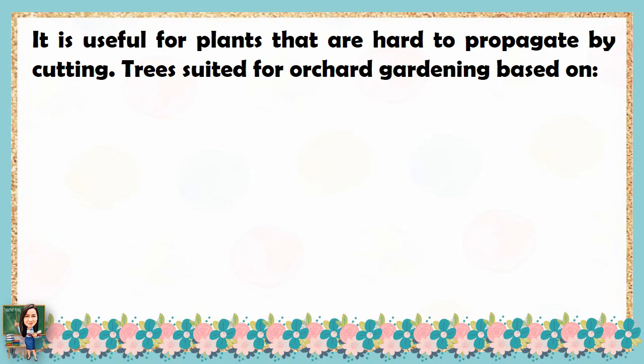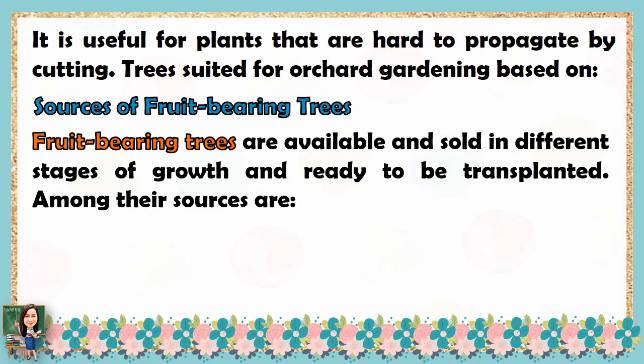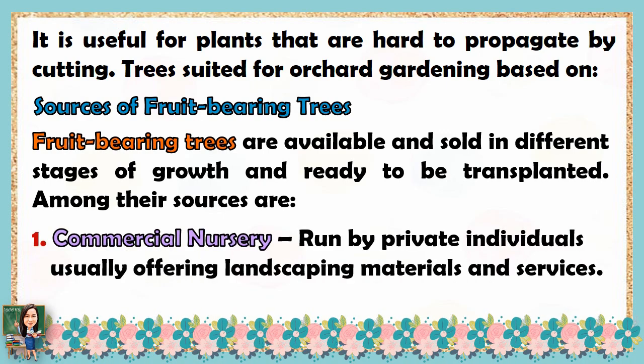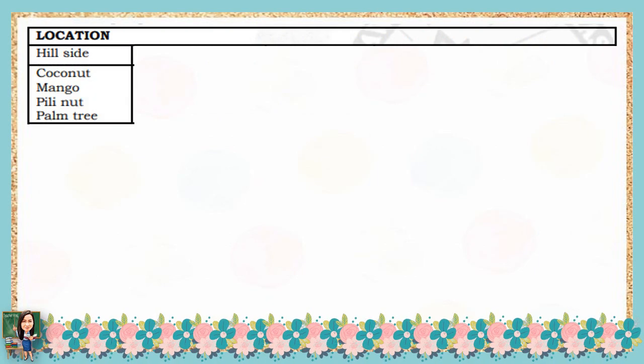Trees suited for orchard gardening based on sources of fruit-bearing trees. Fruit-bearing trees are available and sold in different stages of growth and ready to be transplanted. Among their sources is number 1, commercial nursery, run by private individuals, usually offering landscaping materials and services. Based on location: at the hillside, you can plant coconut, mango, pili nut, and palm tree.